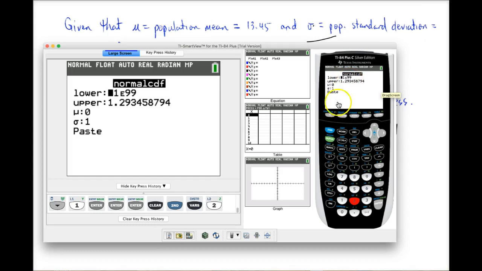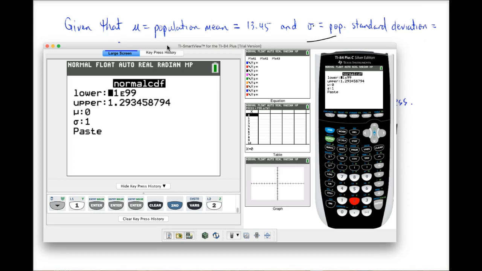I hope this video helps to shed some light on how we use our calculator to figure out the probability of a particular data value happening, specifically in the case of the probability that we choose a data value that is this value or less.